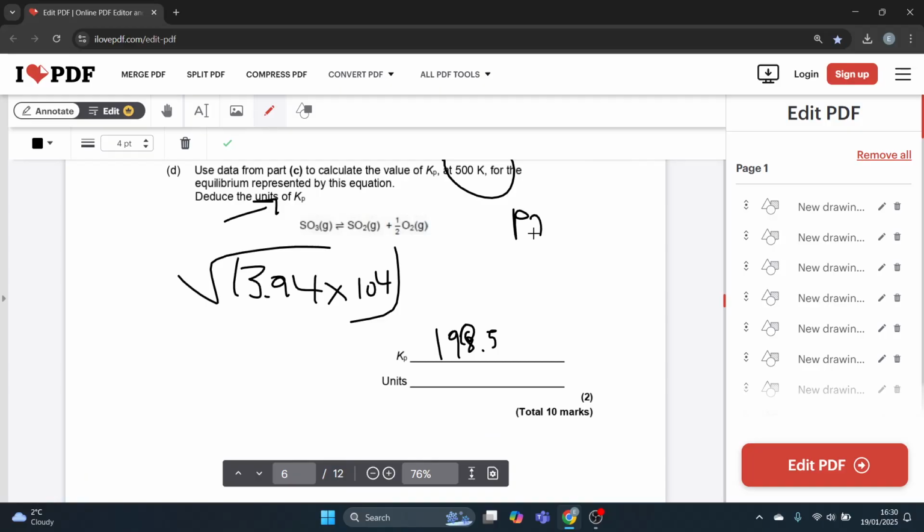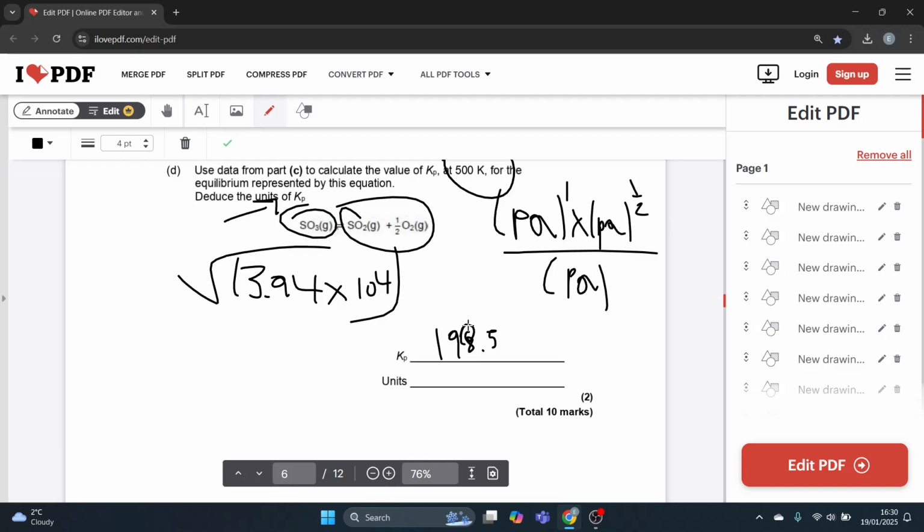So it's going to be Pa to the power 1 times by Pa to the power of half, divided by Pa, products divided by reactants. This is a product, this is a reactant. Because I'm timesing these, I'm going to add the powers, so it's going to be 1 plus a half divided by 1.